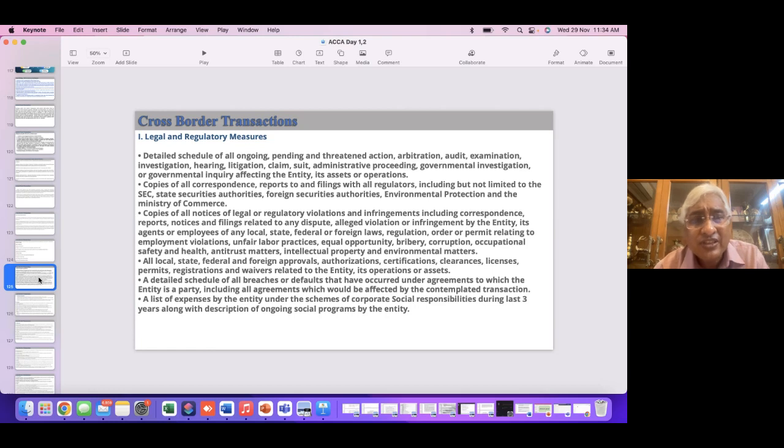Copies of all notices of legal or regulatory violations and infringements, including correspondence, reports, notices, and filings related to any dispute, alleged violation, or infringement by the entity, its agents or employees of any local, state, federal, or foreign laws, regulation, order, or permit relating to employment violations, unfair labor practices, equal opportunity, bribery.